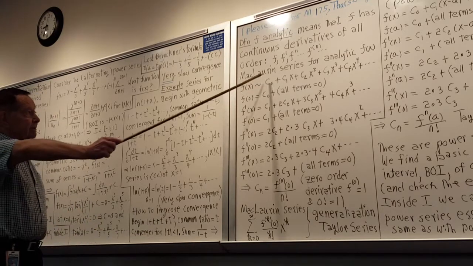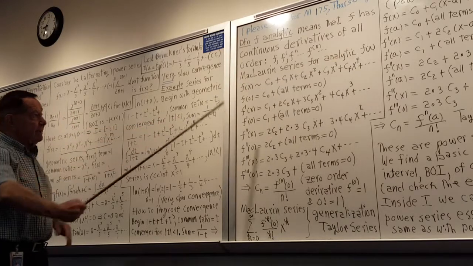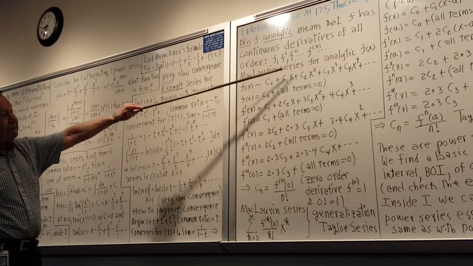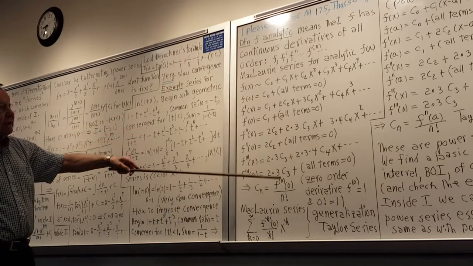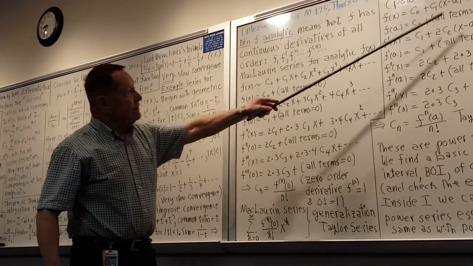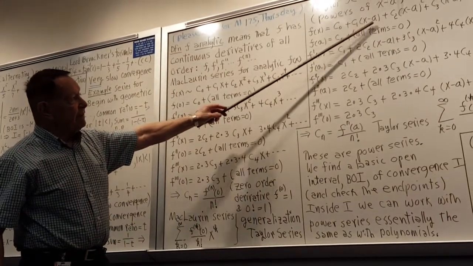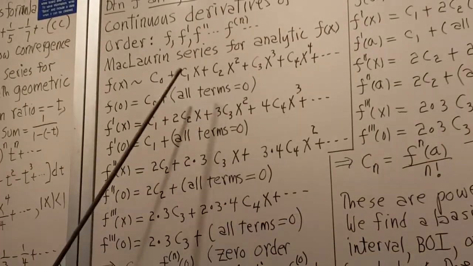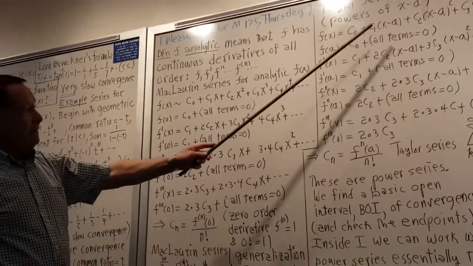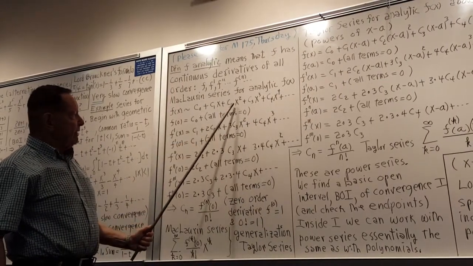So say a Maclaurin series for analytic f of x is a power series in powers of x, whereas a Taylor series is a power series in powers of x minus a. And you see, if a is 0, you're back over here. But this allows for something other than just powers of x.